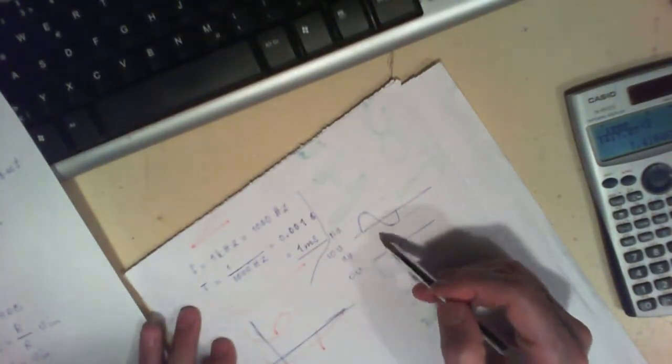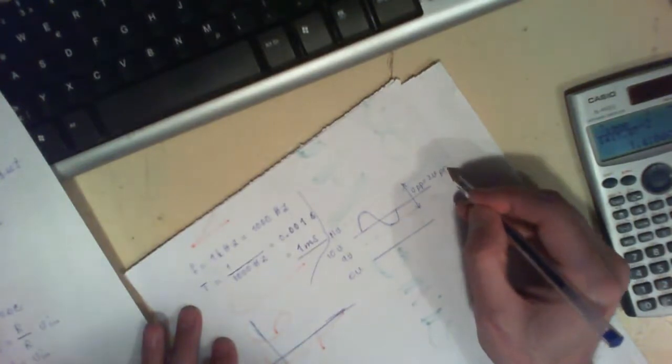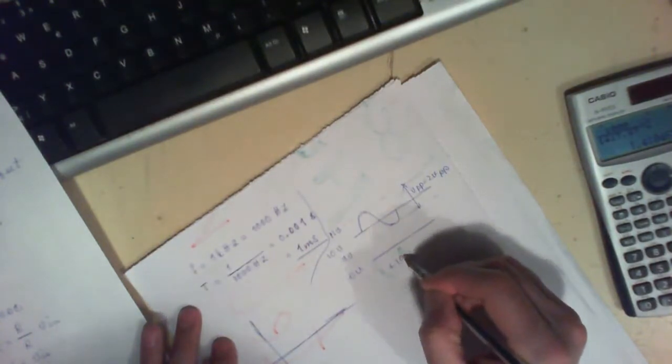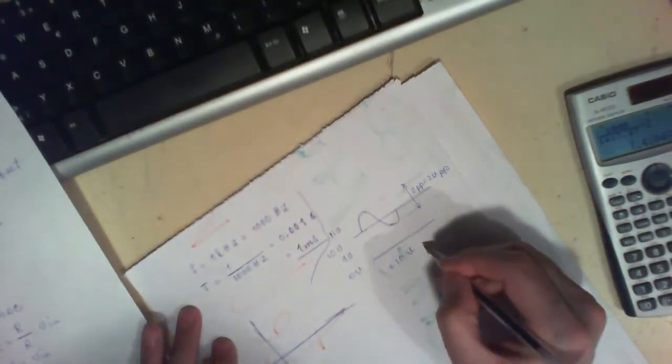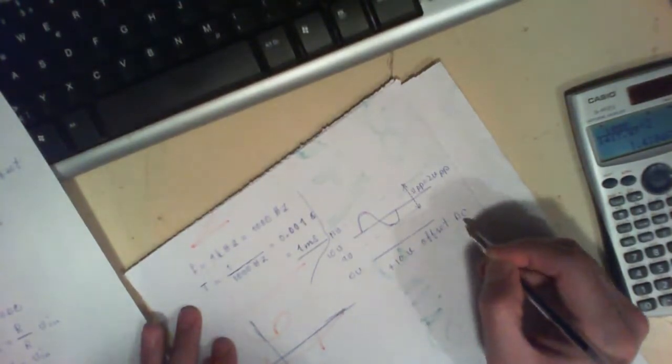That was 2 volts peak to peak, V of PP equal to 2 volts, and so there was a plus 10 volt DC offset. Okay, so that is your input.